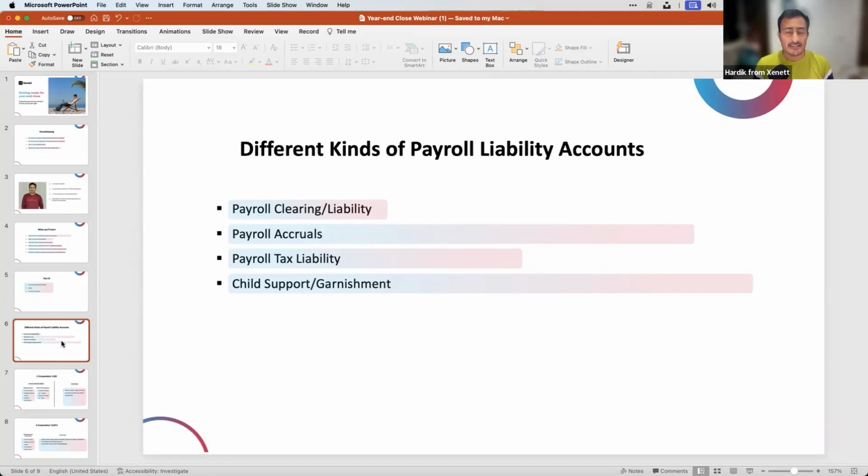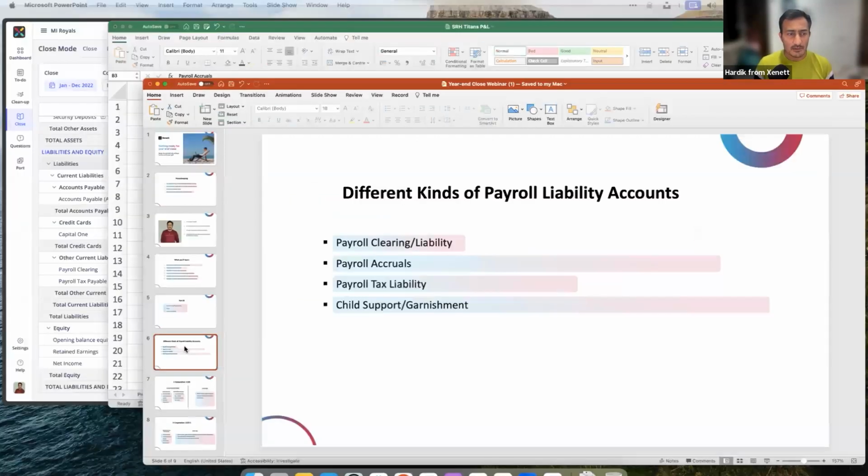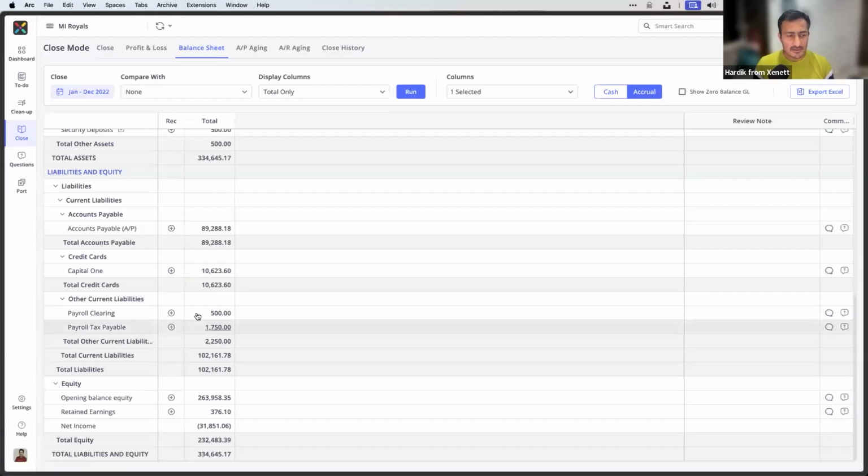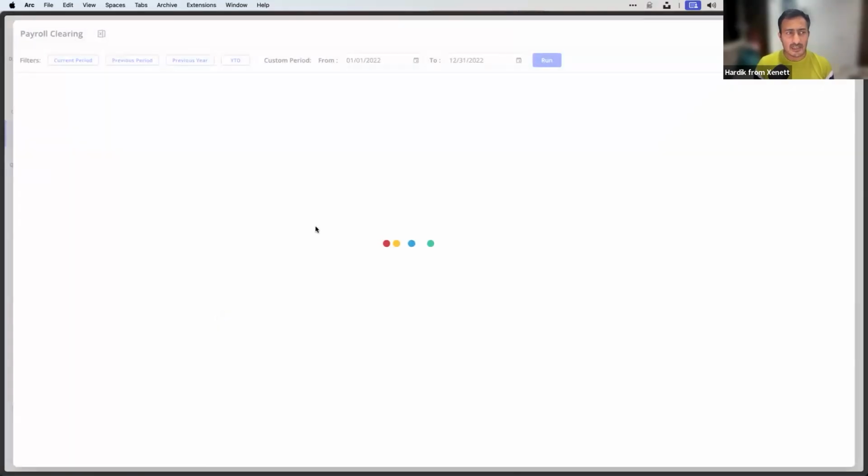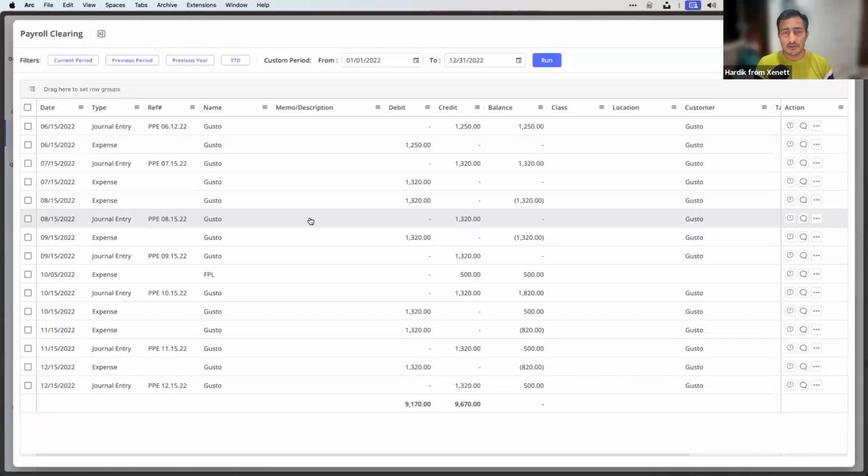Number one is a payroll clearing account, which is more of a payroll liability account, right? For that, I'm going to open up the balance sheet and open up the ledger for the payroll clearing. I've seen people using different naming conventions like payroll clearing, payroll liability, whatever you call it.